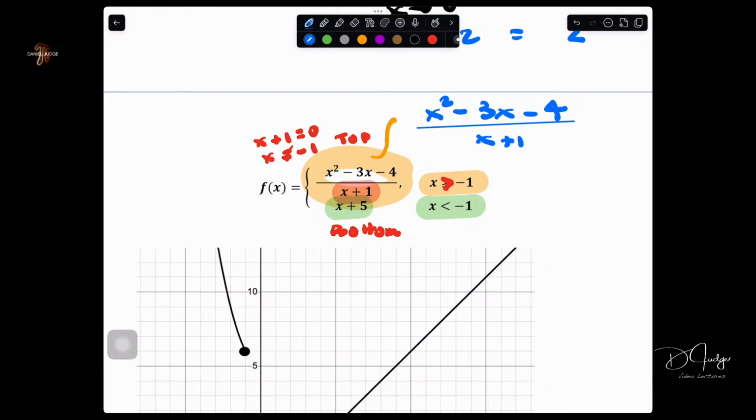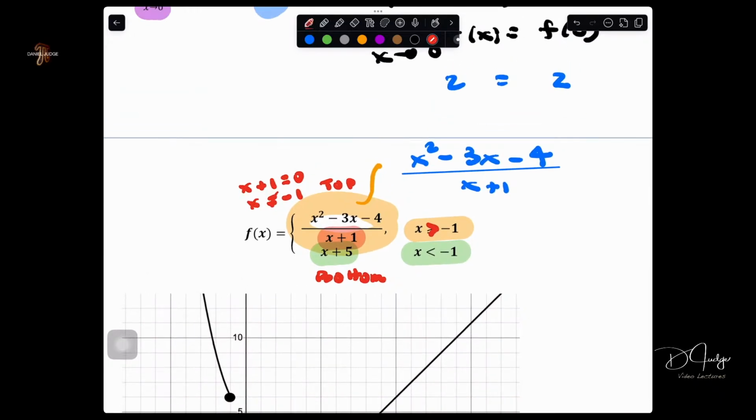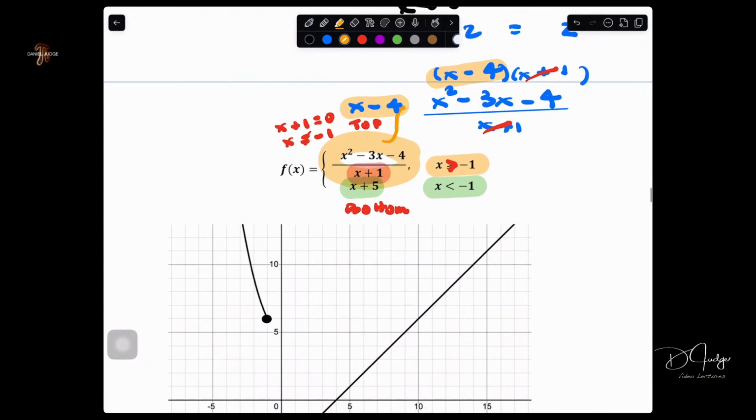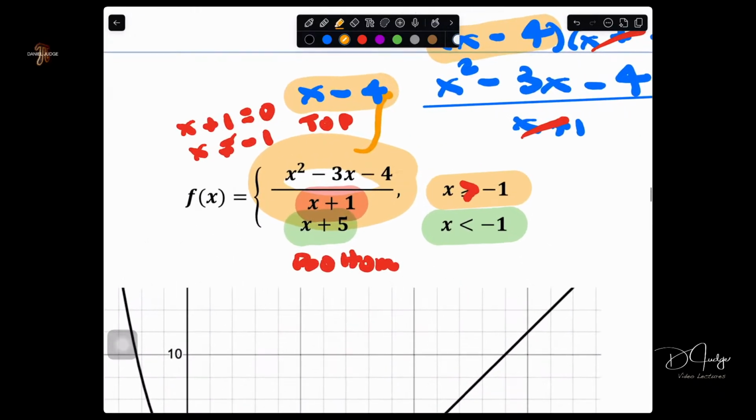If we simplify this rational, the top is factored as, I believe, x minus 4 and x plus 1. Yes. So we can get rid of this portion here, and really your top piece is x minus 4. So the top piece is really x minus 4, ladies and gentlemen. Yes. And that's why you'll see the line that you see in the curve here. But again, x could never be negative 1.